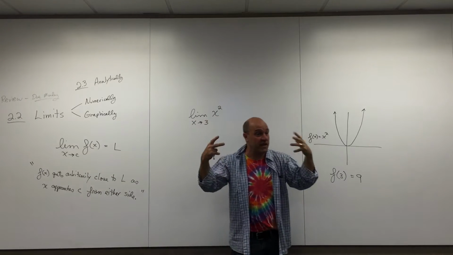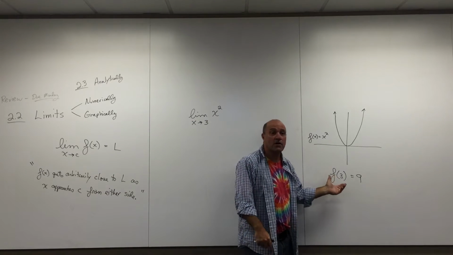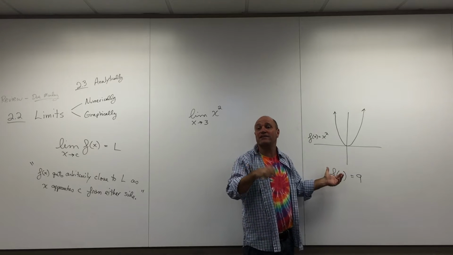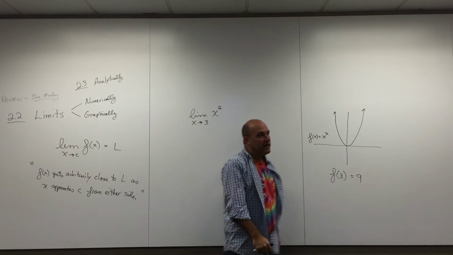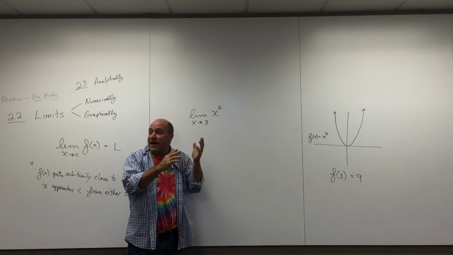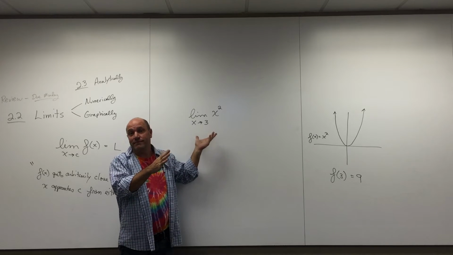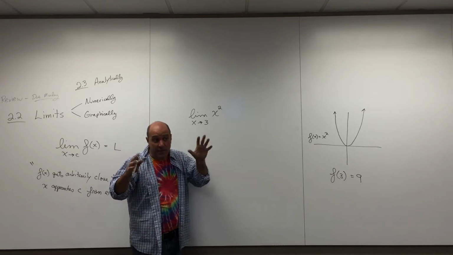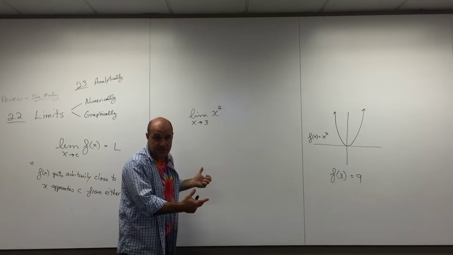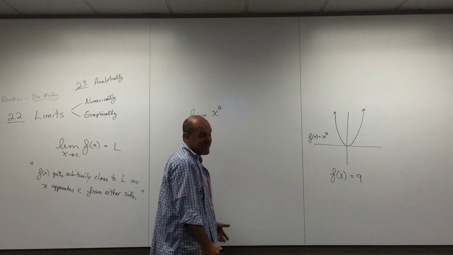The difference is in the question. This says, when x is 3, when you actually get there, what is the y value you actually get to? 9. This says, when x is getting really, really close to 3, what y value are you getting close to? 9. In some functions, those might have two different answers. Those are two different questions, but in this problem, they have the same answer.